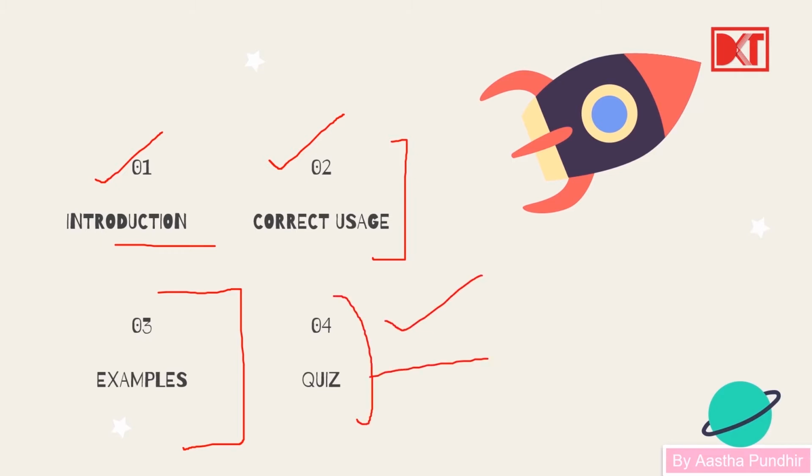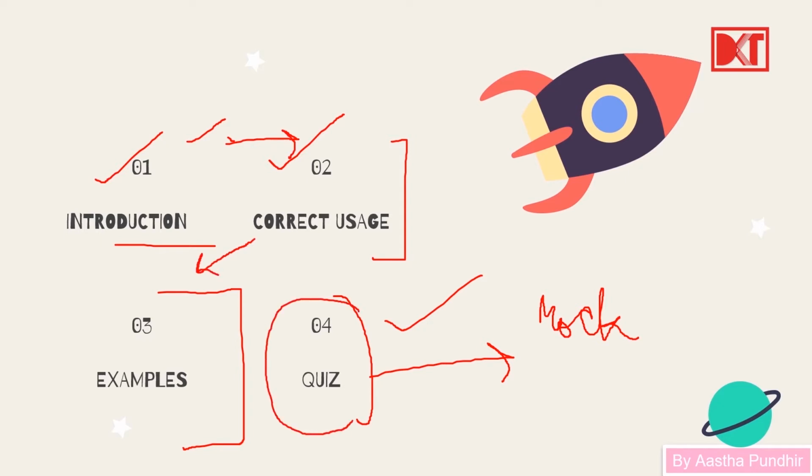And the questions here will be based on the mock questions as per the pattern of IEO. So we will do various punctuation marks, how to use them, when to use them correctly, then followed by various examples, and then in the end we will be doing our quiz. Alright, let's start.